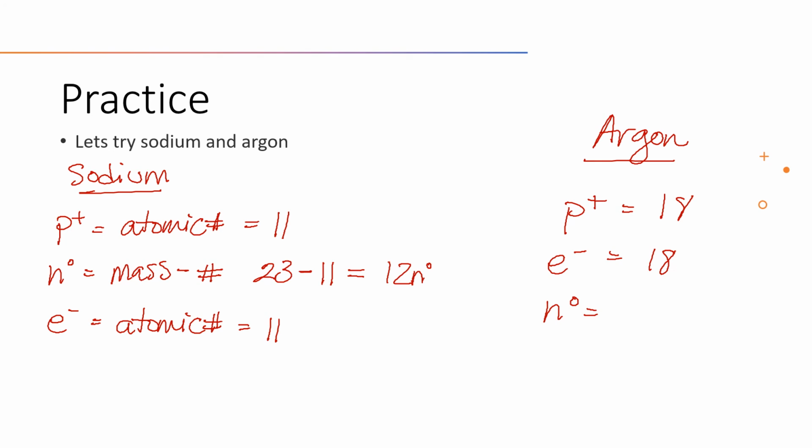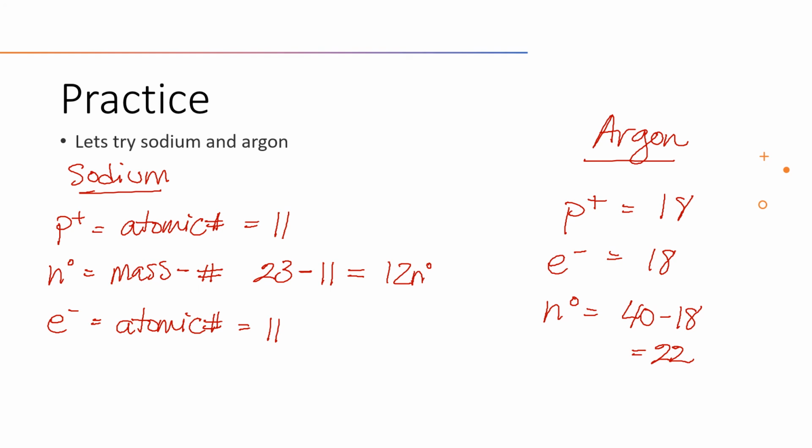And the neutrons is going to be that mass minus the atomic number. So the mass was 40, the atomic number is 18, which means that it has 22 neutrons. So this is a good example, as is sodium, that the neutrons is not always the same as the protons and electrons. Sometimes it is, but sometimes it's not. So you do need to do the math every time to figure out the number of neutrons.